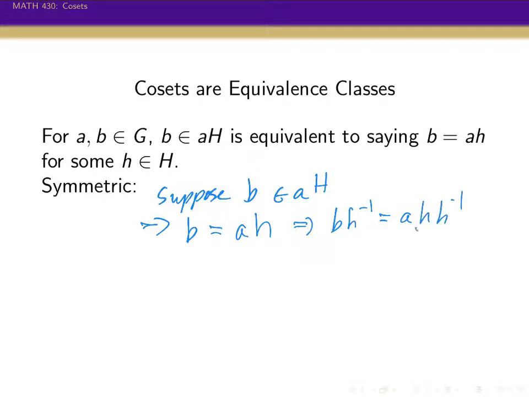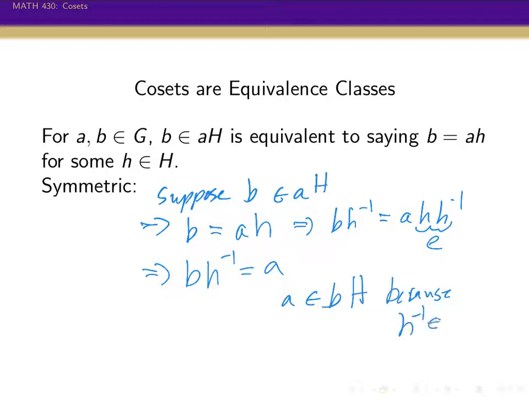And so h h inverse is just the identity, and we end up with B times h inverse is equal to A. So this means that A is inside of the coset BH, because we've just written A as B times h inverse, and since h inverse is in H as well, A is inside BH.